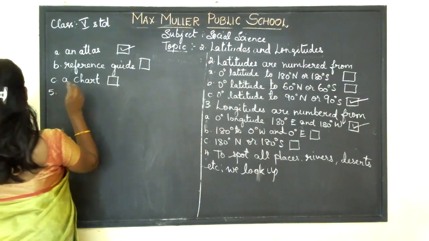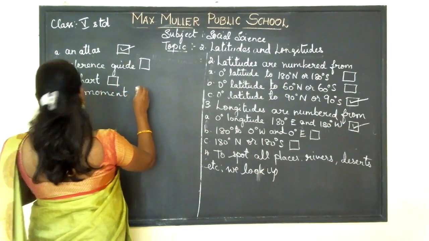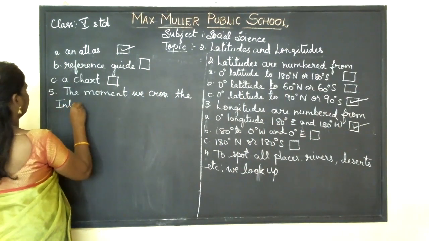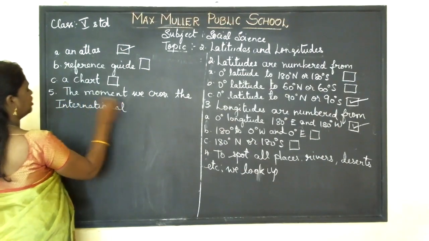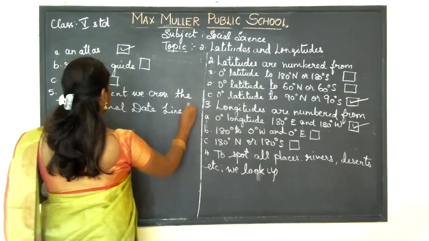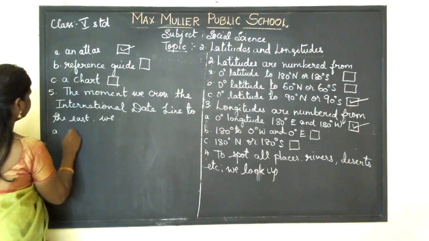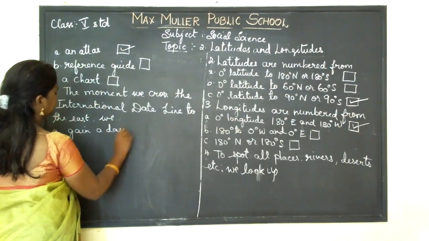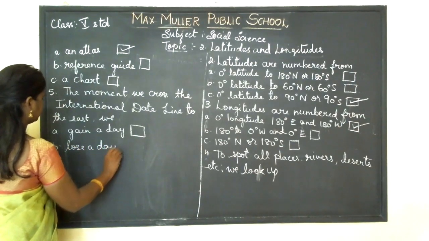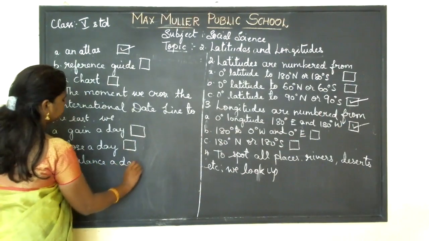The last question: the moment we cross the international date line to the east, the options are A, gain a day, B, lose a day, or the last option, balance a day.